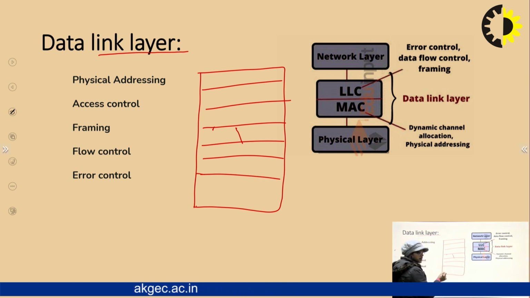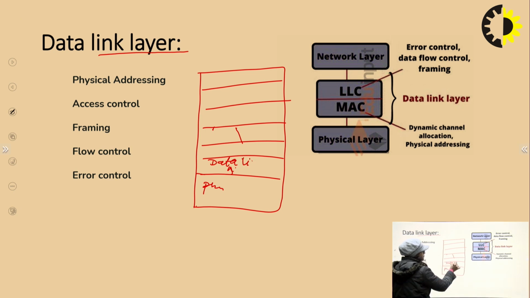The very first layer is called the physical layer, and after that comes the data link layer. The data link layer is the second layer of the OSI model, and it performs different kinds of responsibilities.